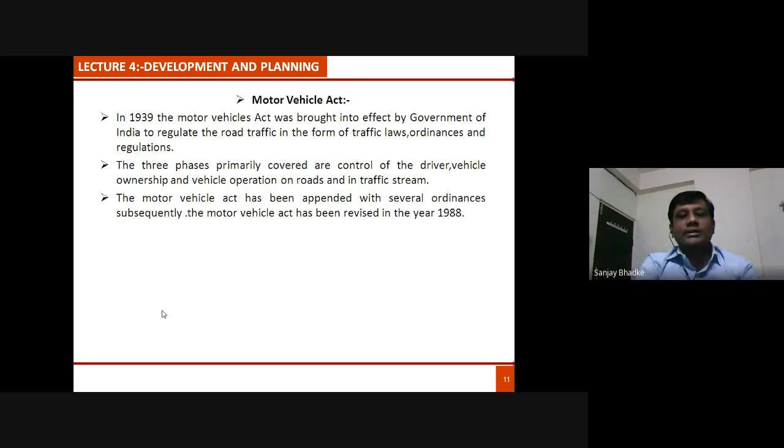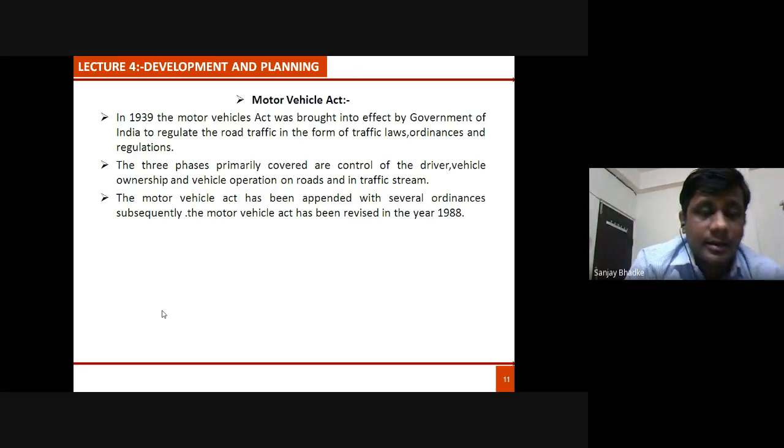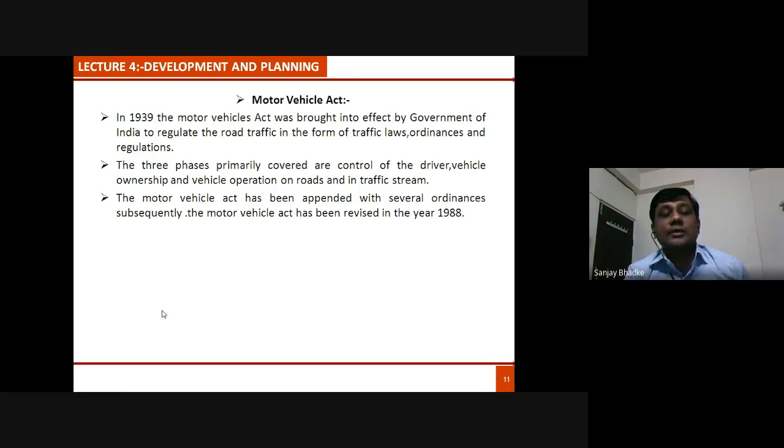The three phases primarily covered are control of the driver, vehicles, ownership, and vehicle persons on the road and its traffic stream. The Motor Vehicle Act has been amended with several ordinances. Subsequently, it was revised in 1988, basically to avoid various types of accidents, and so that road users get safety.